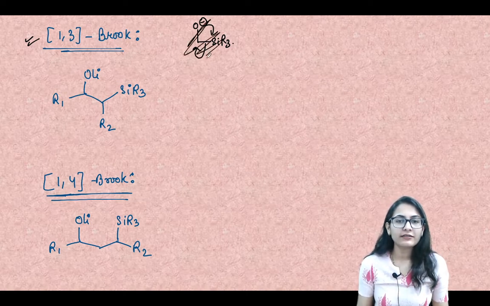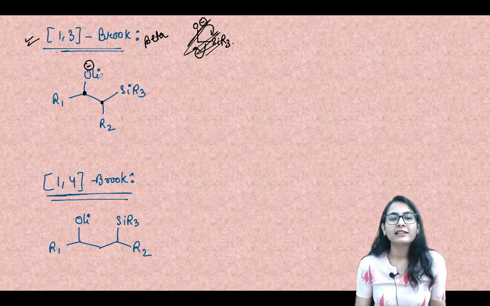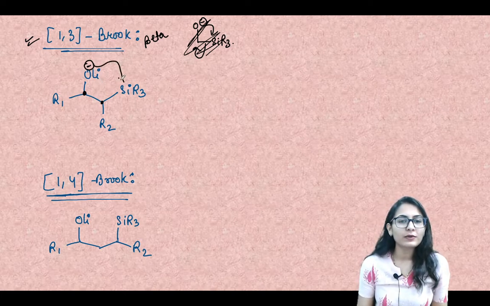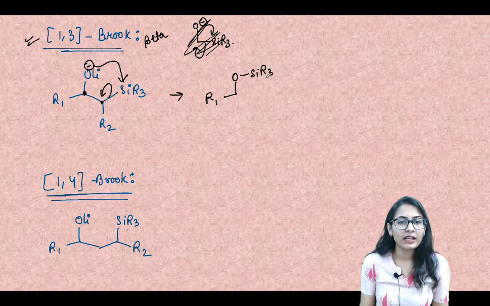But here in the 1,3 Brook rearrangement you have them on two different carbons, let's say alpha and beta. Yes, so it is on the beta carbon. Alright, so once again the same thing, O minus is there, stabilized by the lithium cation, so it is going to attack over silicon and the bond falls over here on the beta carbon. So you have an OSiR3 bond and the new carbanion generated on the beta carbon, which is stabilized by lithium.